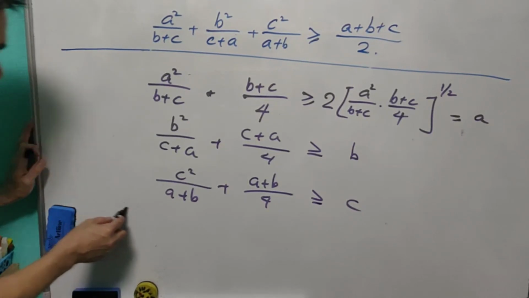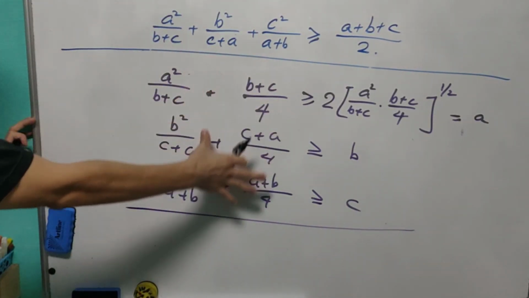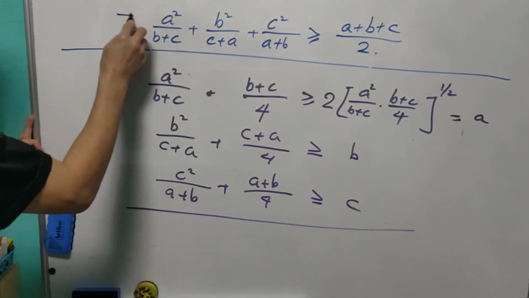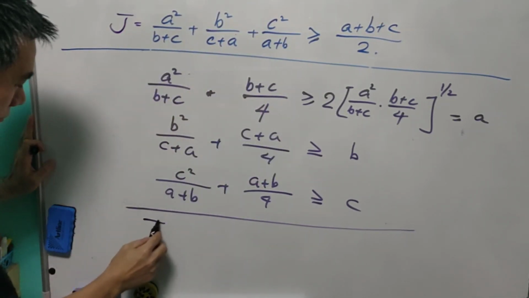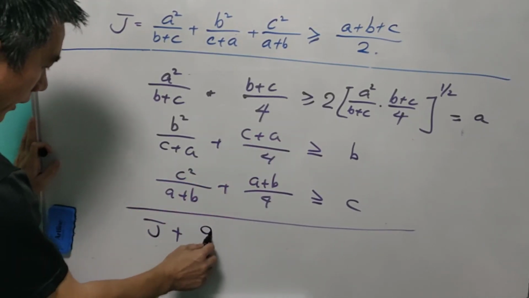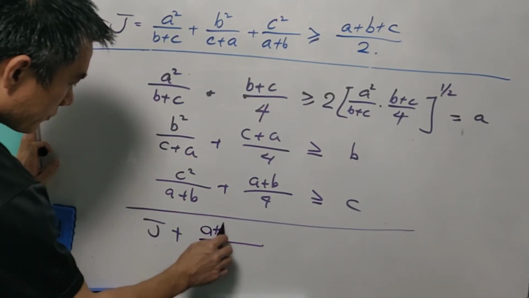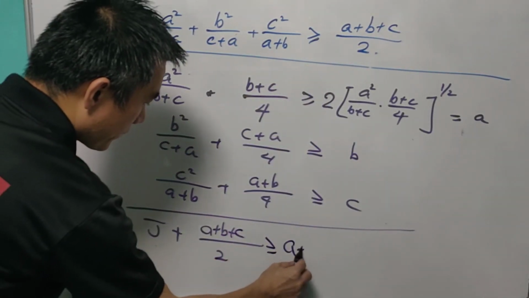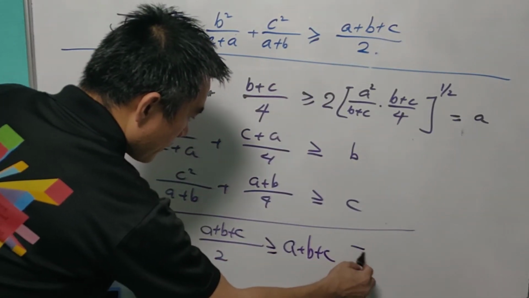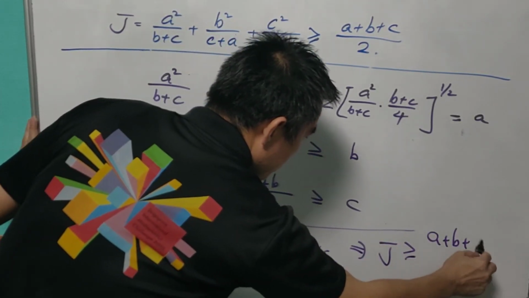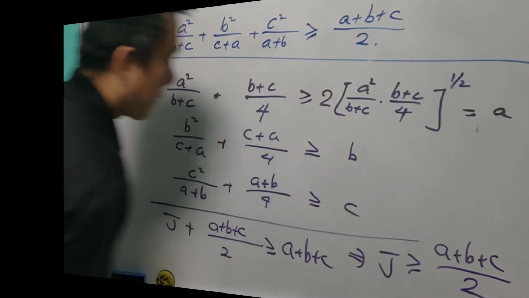Okay, so when we add up all the terms on the left hand side, call this expression J, then we will have J plus a over 4 and a over 4, a over 2. Likewise for b and c. And for the right hand side, it is a plus b plus c. And this means that J is greater than or equal to (a plus b plus c) over 2.